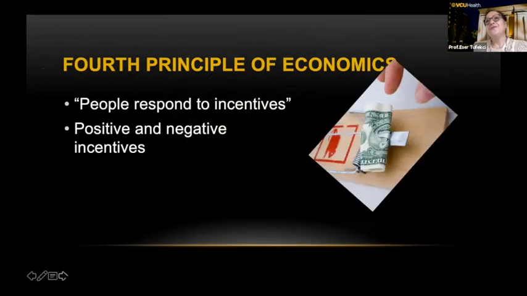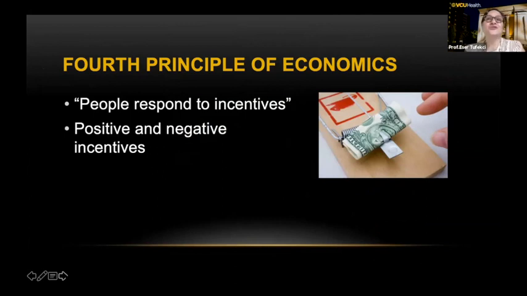So as you mentioned earlier, I did a Master of Science in Health Administration, and one of the concepts that I learned was economics. And the fourth principle of economics is basically that people respond to incentives. So these can be positive and negative incentives. And there's a reason I mentioned this.